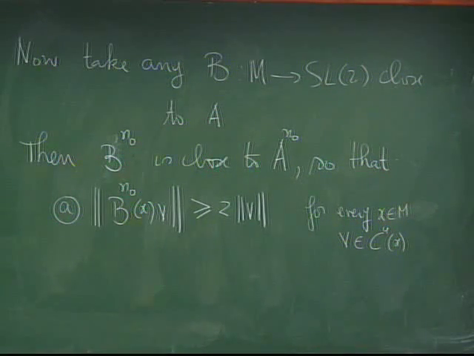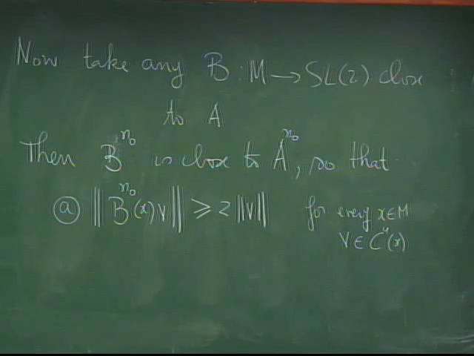The matrix A_n0 takes the unit circle and maps it into something which is certainly an ellipse.